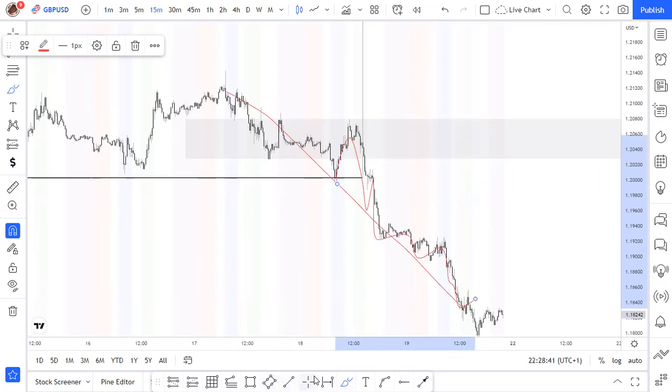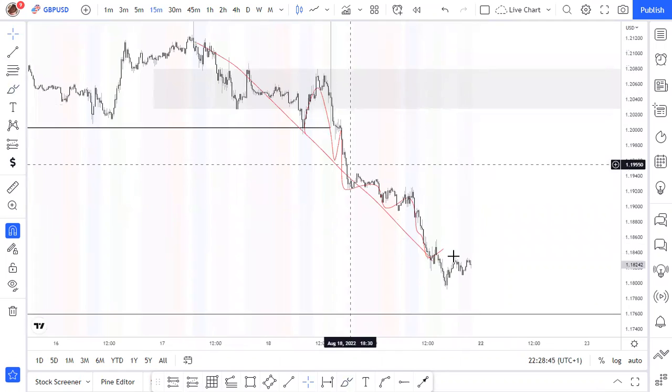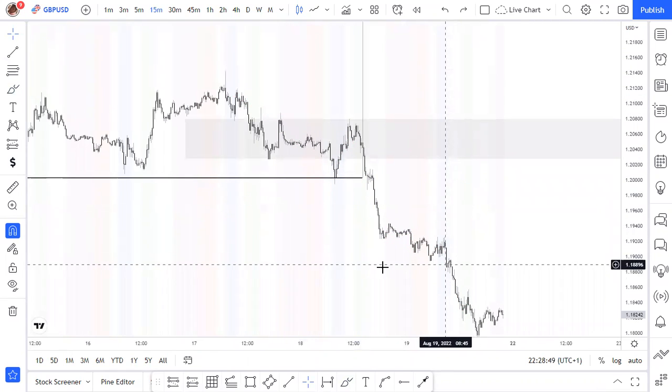So if we are to get a pullback, the bearish market structure on the 15-minute time frame will most likely be broken.